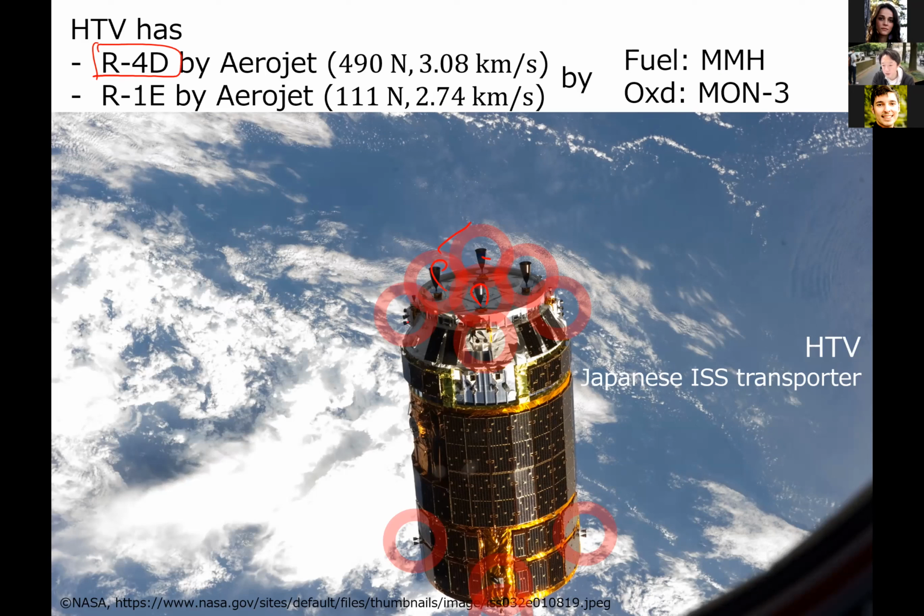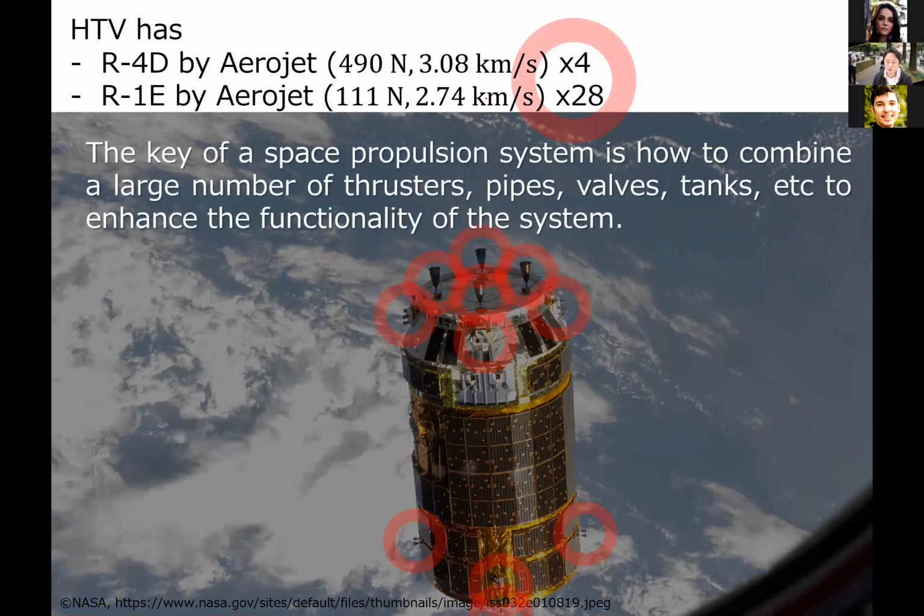And the small thruster here is an R-1E. In the case of a small thruster, thrust is of course lower, and the specific impulse is also decreased a little bit. But in this system, what I want to emphasize is not these performances, but the number of thrusters. The big thrusters are shown here, but the small thrusters do not appear in this figure.